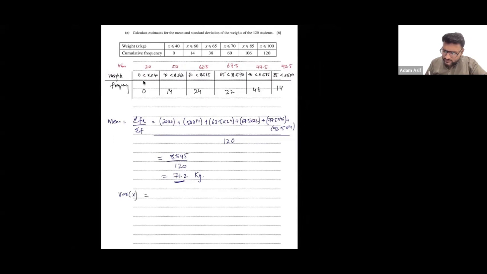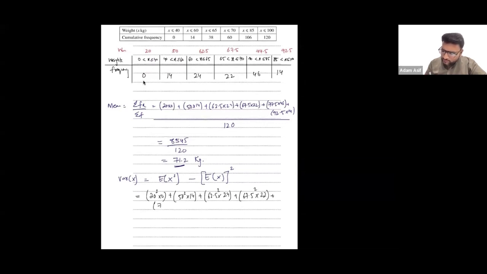Variance is defined as the expected value of x square minus the square of the expected value. So 20 square times 0 plus 50 square times 14 plus 62.5 square times 24 plus 67.5 square times 22 plus 77.5 square times 46 plus 92.5 square times 14.